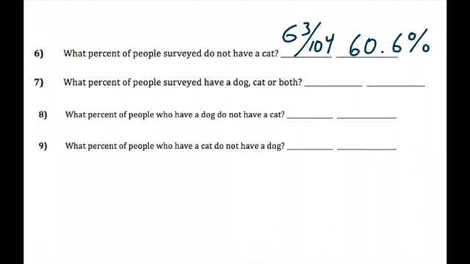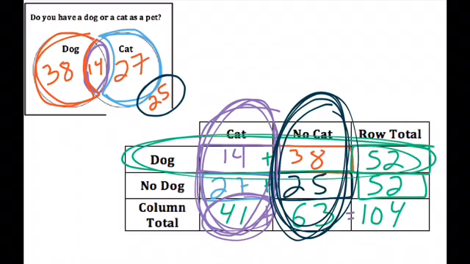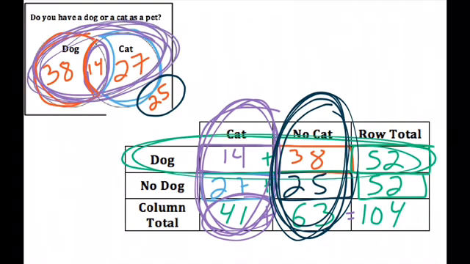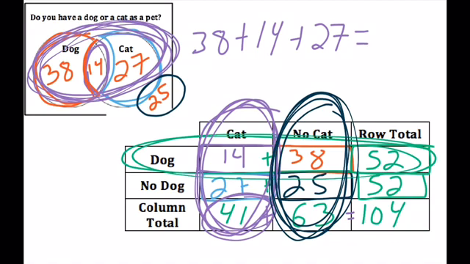Okay, what percent of people surveyed have a cat, dog, or both? If I go back and look at my table here, up here I can see these are all the people right here, you see me circling, that have a dog, cat, or both. So I have 38 plus 14 plus 27, and that equals 79.